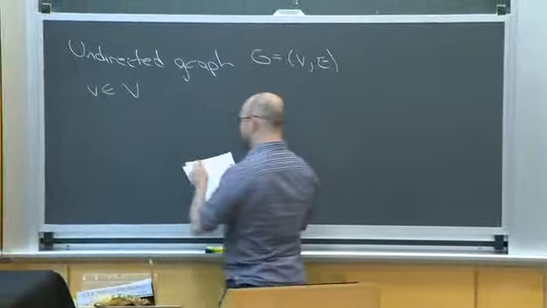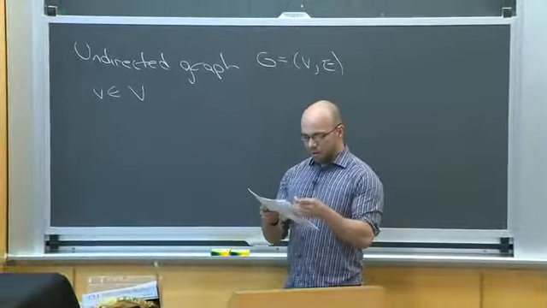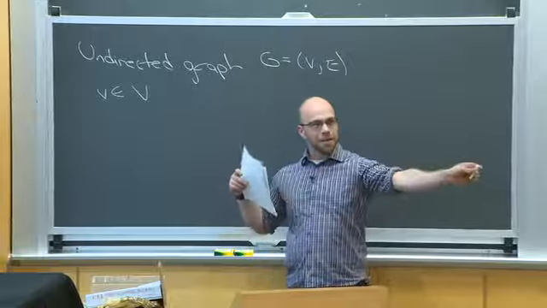we can define something called the eccentricity of V, which is the distance to the farthest away thing.